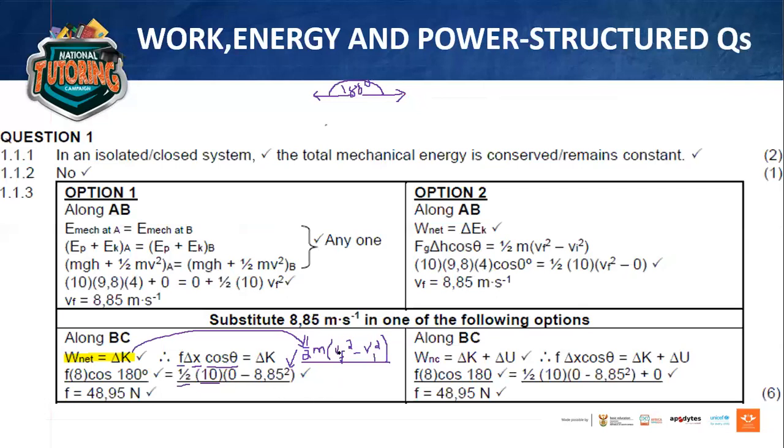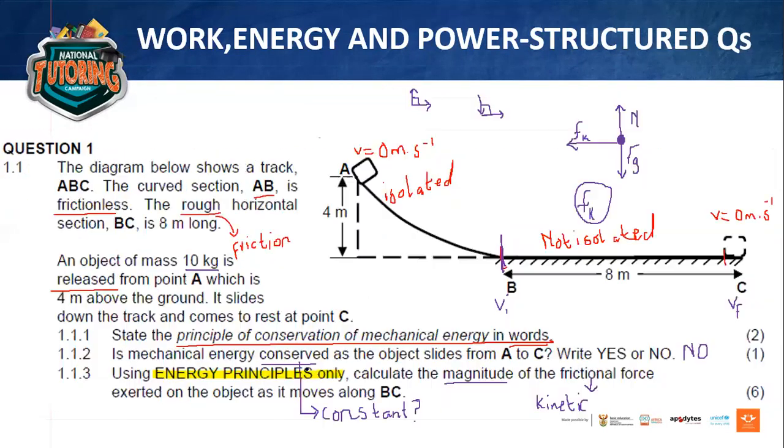So VF is 0, the same as 0 squared minus then the initial speed, which is the speed at B. Now, we don't really know the speed at B because my object started at A and it went down the track, right? It went down the track.